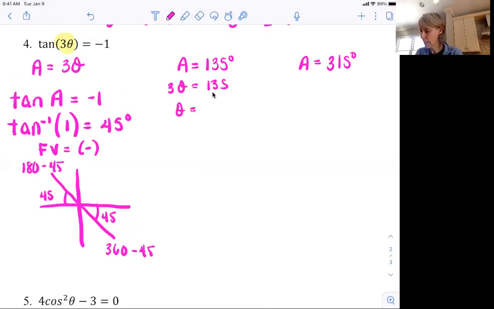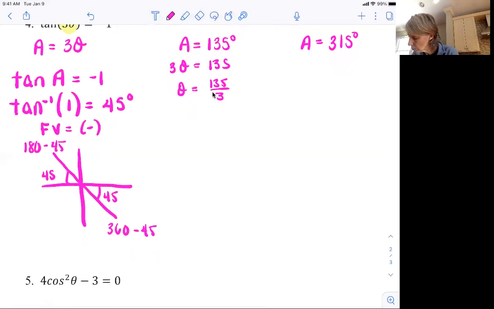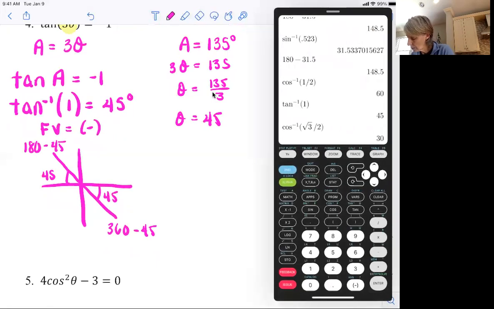So theta is going to equal 135 divided by 3. What is 135 divided by 3? I can't remember. Oh, that's just going to be 45. Right? I don't know why I'm losing my mind right now. I'm just going to do it.